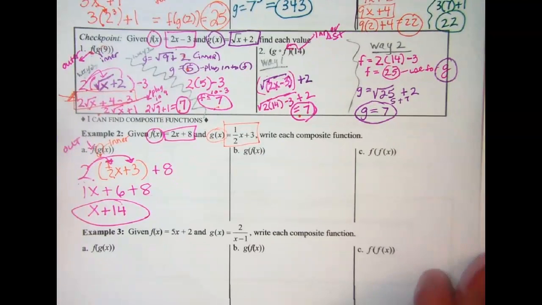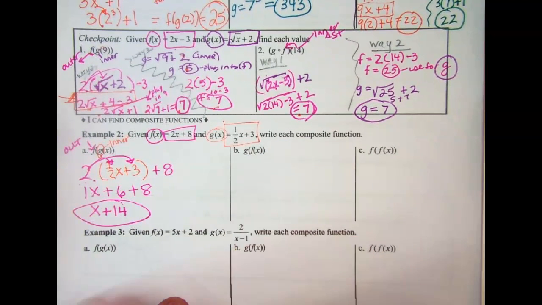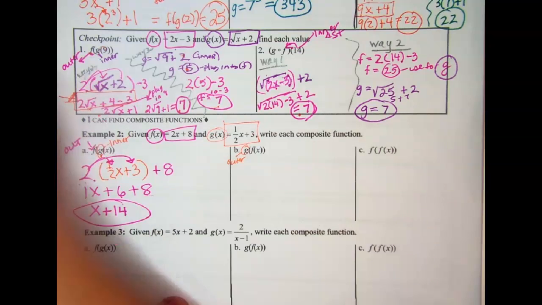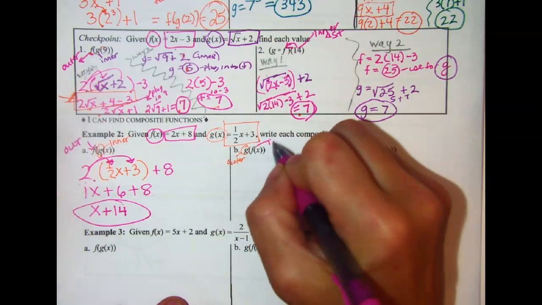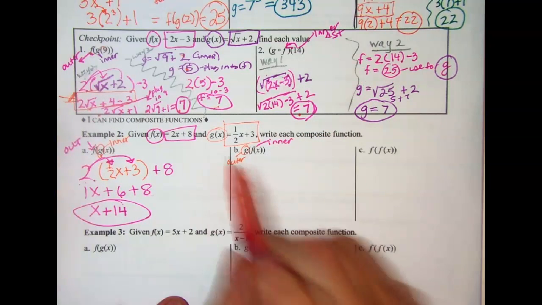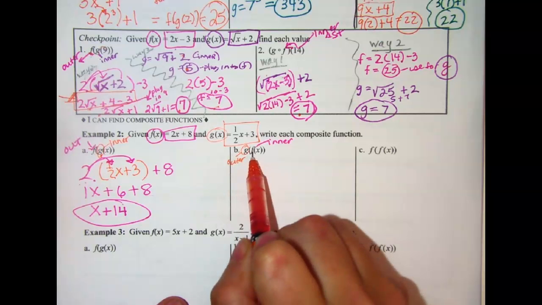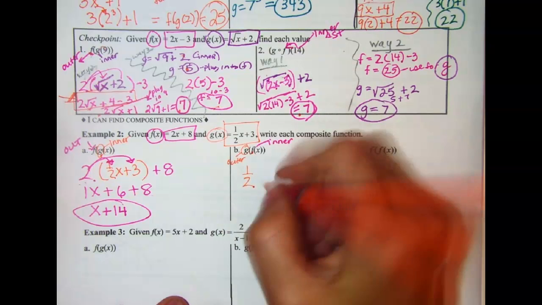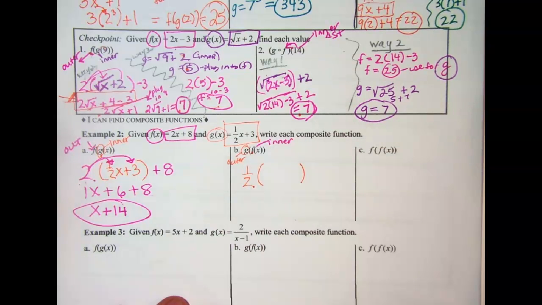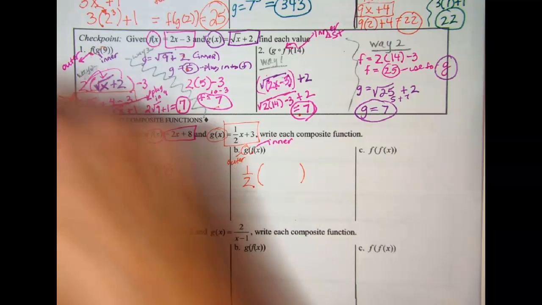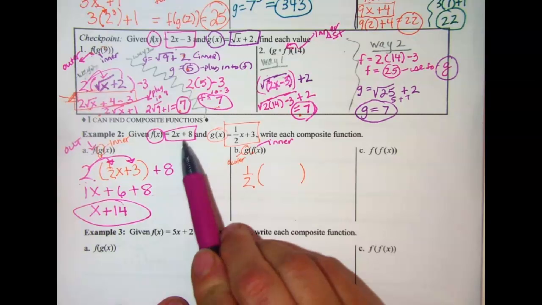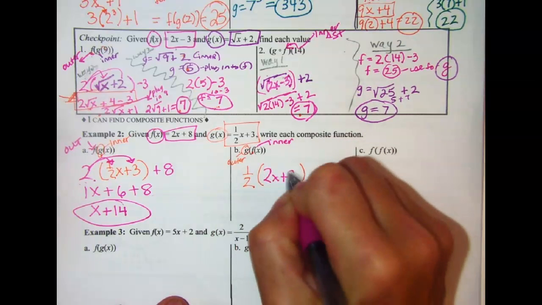Okay, so let's look at the next one. Things are switched up now. So g is now the outer, and f is the inner. Again, we start with our outer and plug that inner into it. So the outer is 1/2 times x. I'm going to leave a big parenthesis because I have to plug in my f, the whole thing, 2x plus 8.